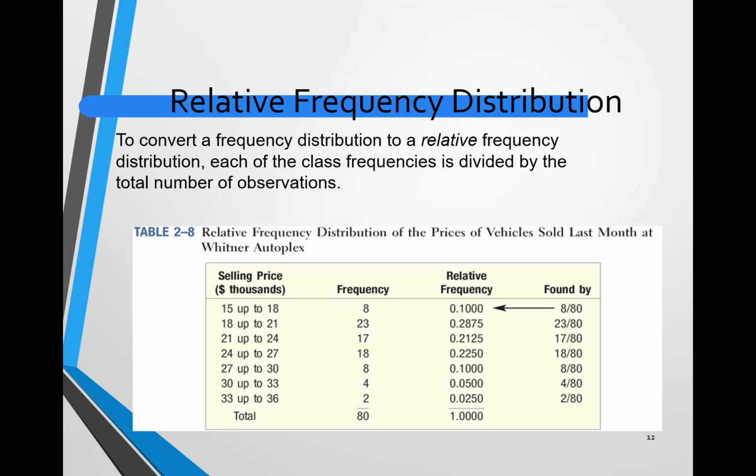Similarly, you can say that 28.75% of the cars were sold below 21,000 and above 18,000. Similarly, you can say 21.25% of the cars were sold below 24,000 and more than 21,000. This way, you can find out the proportion of each group in the total distribution or total data.